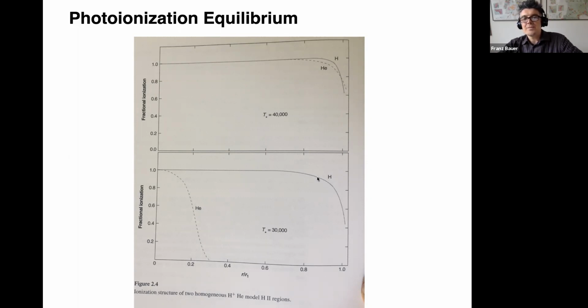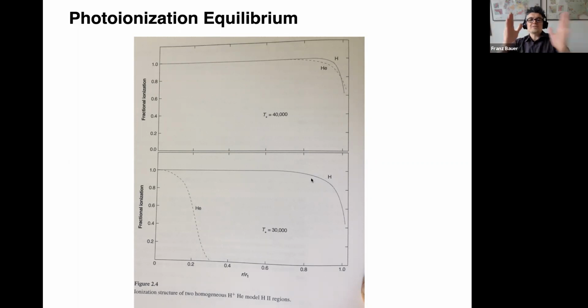And so, say for a star that has a temperature of 30,000 Kelvin, the fractional range where you have partial ionization is actually quite large, partially because you have helium, which is playing a part in this. And so the ionization of helium is down here, but you end up absorbing some of the photons way in here, and so they're not able to contribute all the way out here.